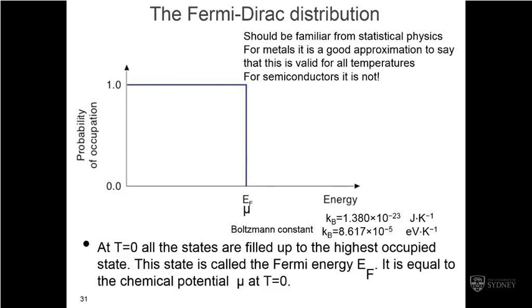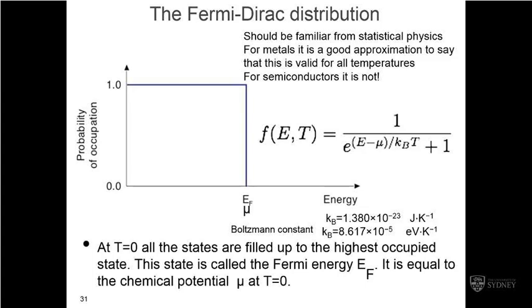Okay, so we know that this is your f function for zero temperature. Let me just put the form of it here. The probability of a state being occupied is 1 up to a certain point here. This is the chemical potential, which we represent by mu. It's an energy, and for temperature T equals 0, the chemical potential is called E_F, the Fermi energy, or sometimes the Fermi level.